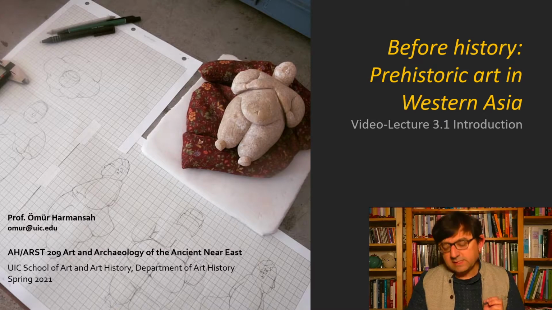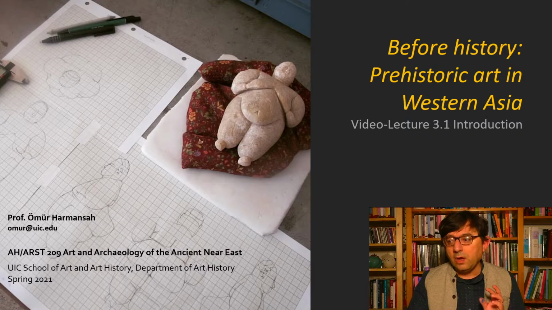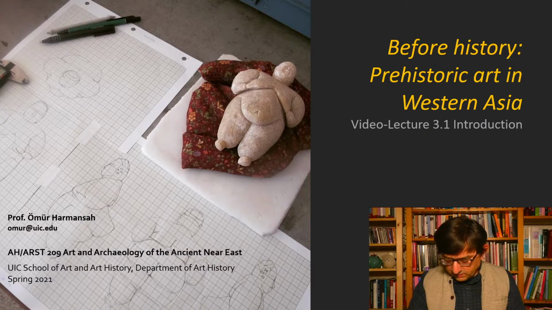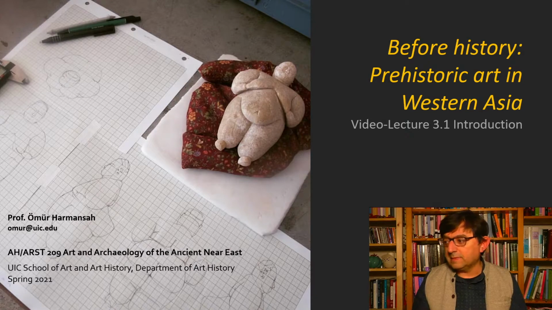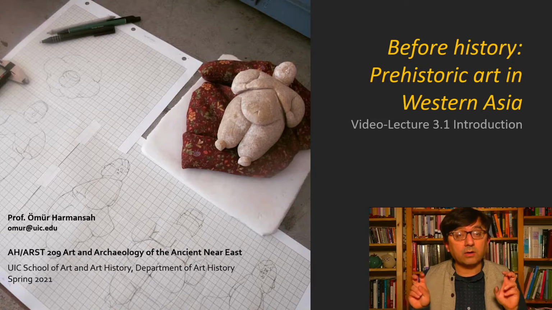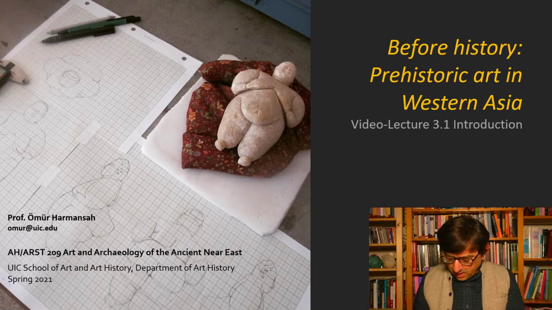But of course, this transition really takes place over a very long period of time. It literally takes thousands of years, although oftentimes this process is referred to by archaeologists and ancient historians as the agricultural revolution.